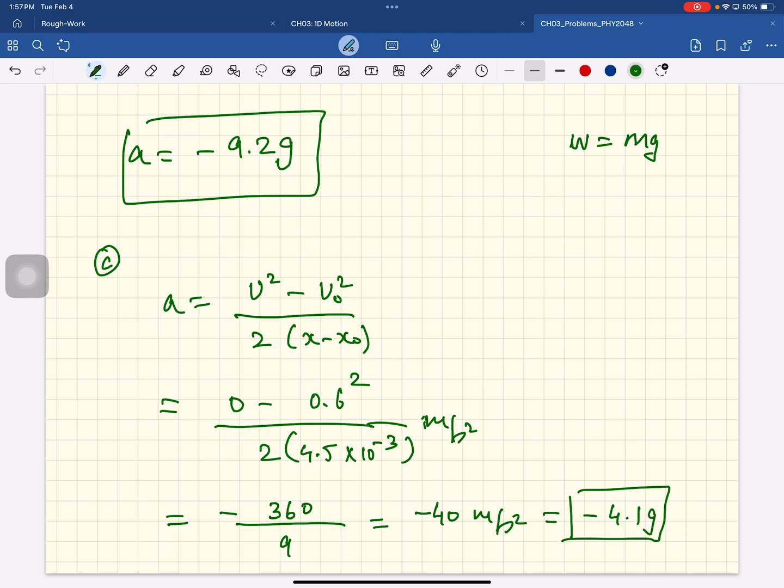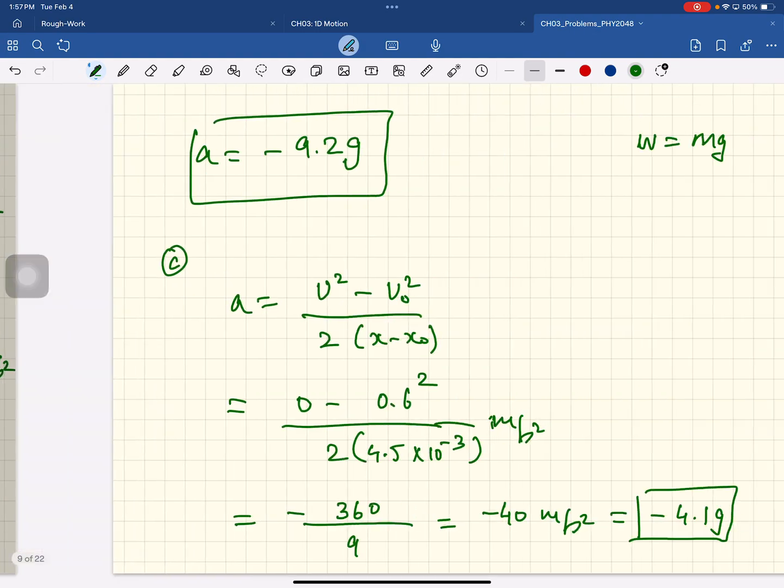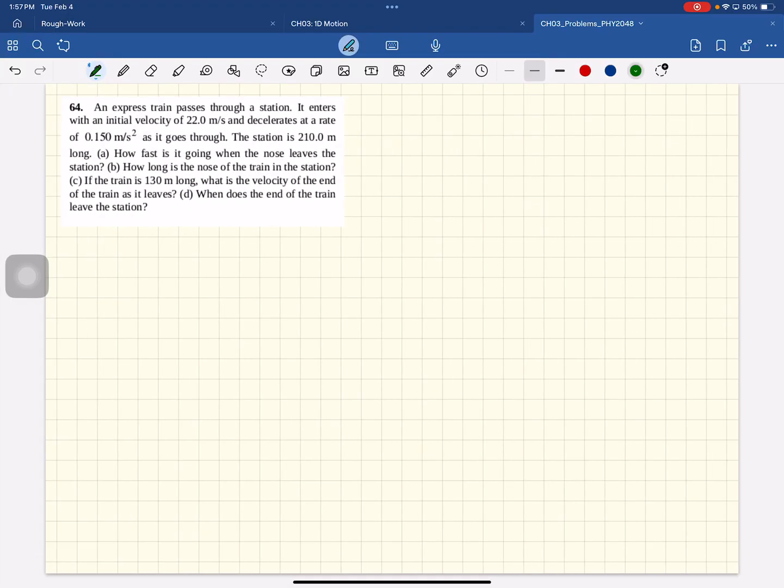So instead of 9 times the weight of your head, now the stopping force is 4 times the weight of your head. So again, the idea is that high G's are damaging.